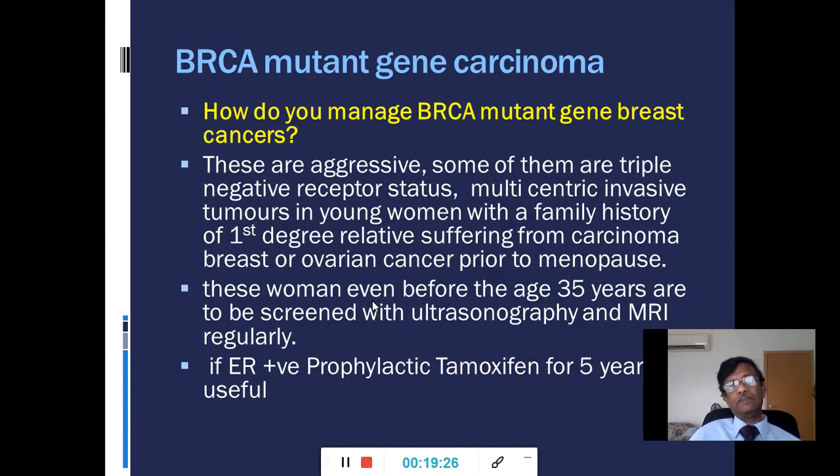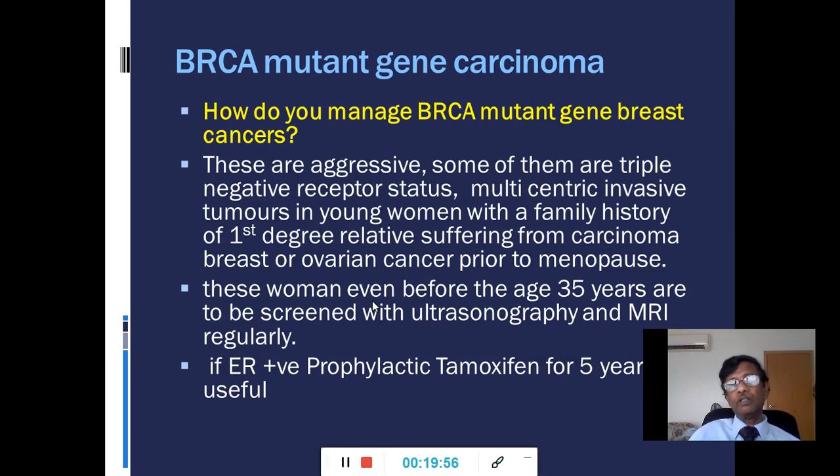How do you manage BRCA mutant gene breast cancers? I don't know. These are aggressive. Some of them have a triple negative receptor status, and they are multicentric invasive tumors in a young woman with a family history of a first degree relative suffering from carcinoma of breast or ovary prior to menopause.